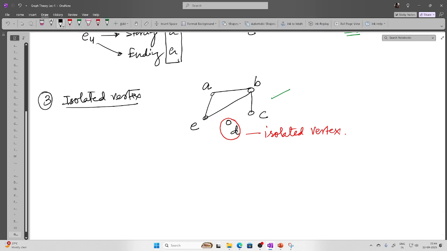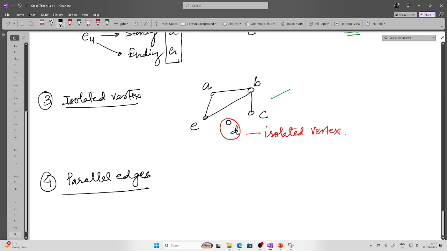Now, once you know what an isolated vertex is, you should understand about parallel edges also. What are parallel edges? Consider this graph.